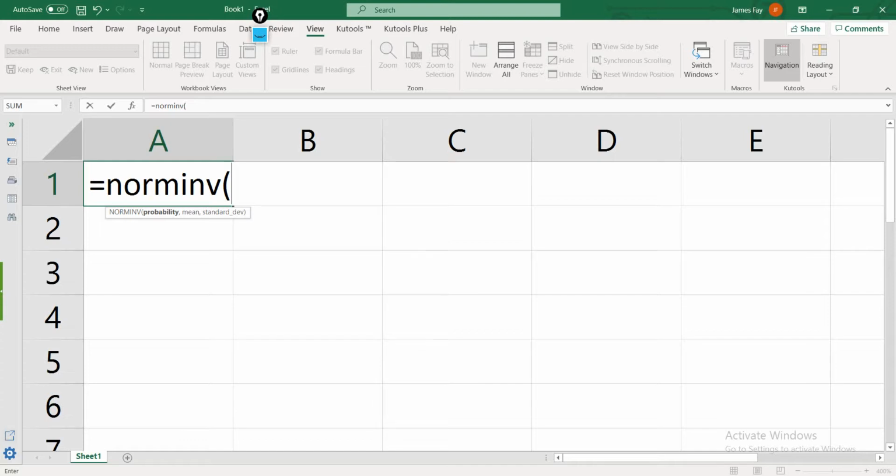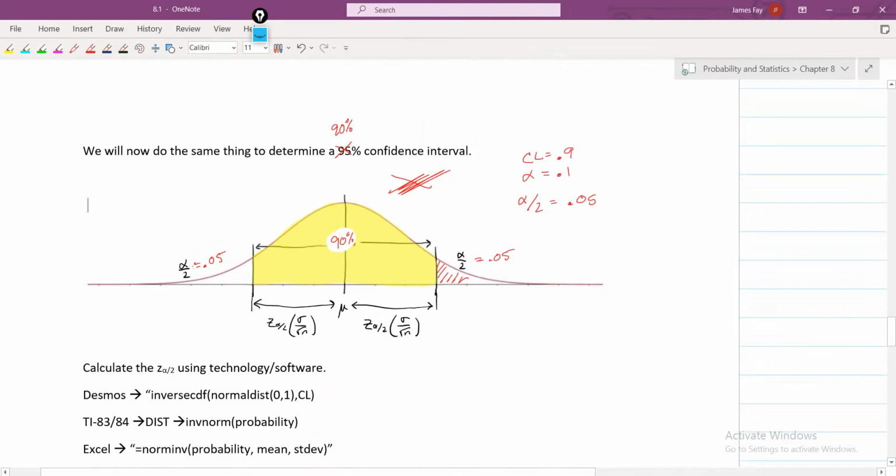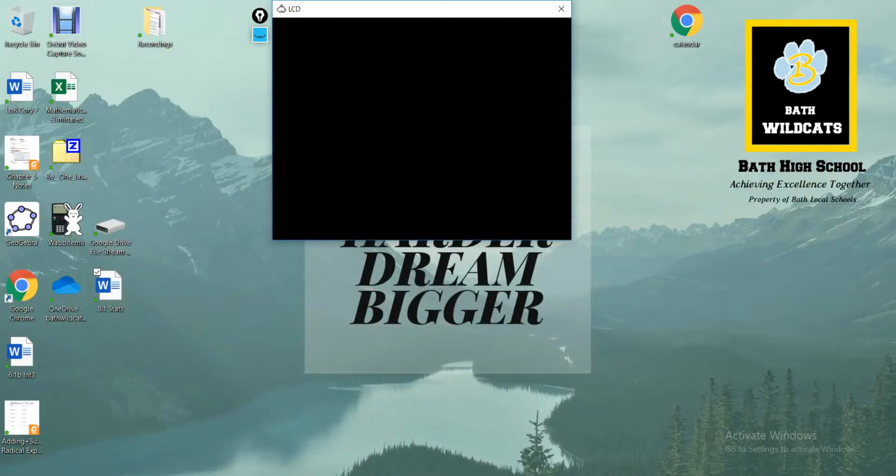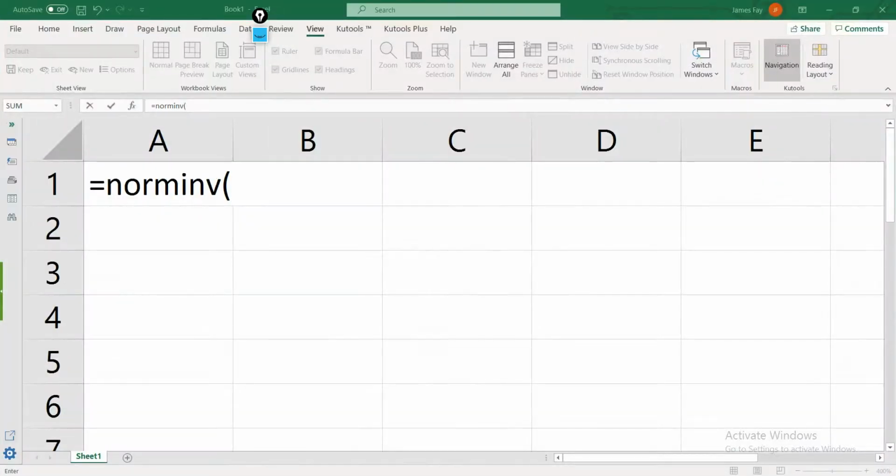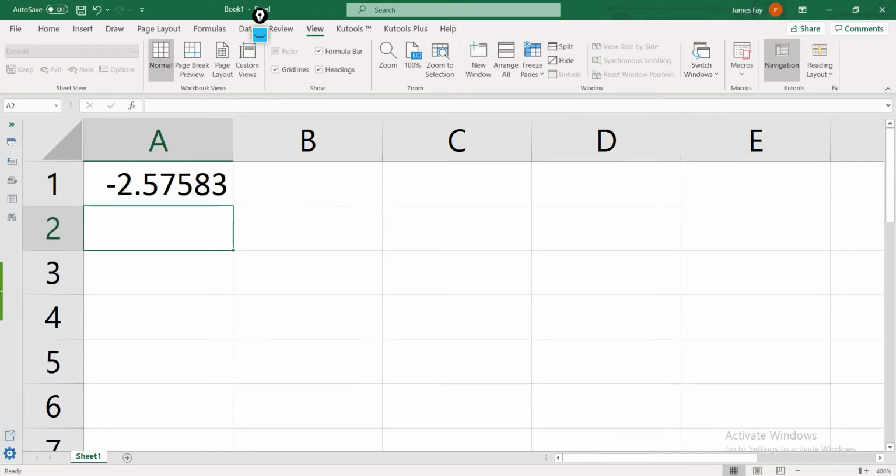If we're going 99%, back up to the picture, our alpha would be 0.01, and then half of that would be 0.005. So I'm going to type in norm inverse 0.005. The mean, because this is a normal distribution, is 0 and the standard deviation is 1. If I hit enter, you see I get that number right there.